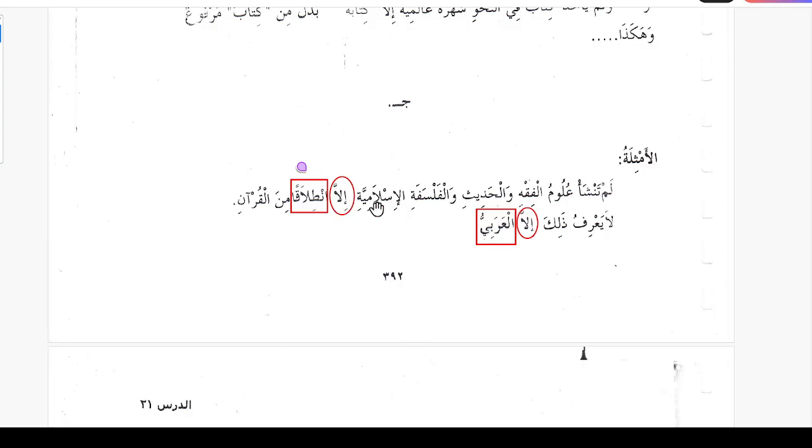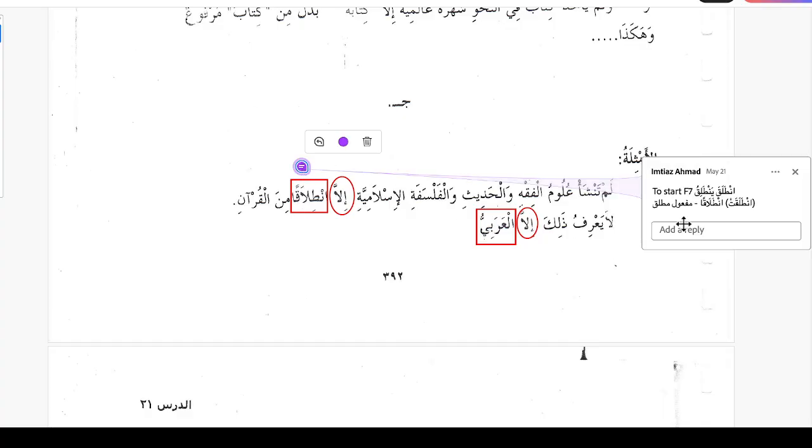So the exception and the negative can be removed and the sentence can be made positive. Here intilaqan, the verb is intalaqa yantaliqu, form 7 to start. So this is maf'ul mutlaq, and then we can say illa intalaqat intilaqan. So this is omitted, so it's just leaving intilaqan. So this is called maf'ul mutlaq. We have studied that before.